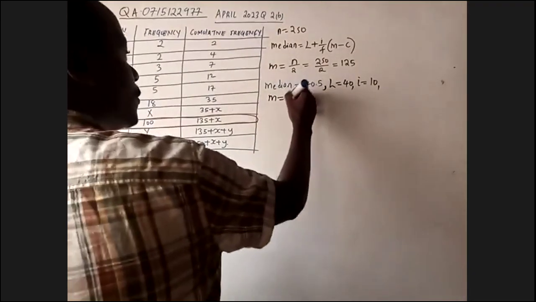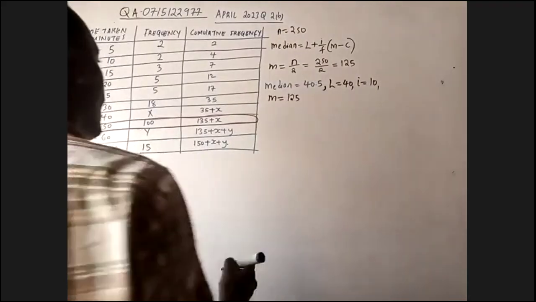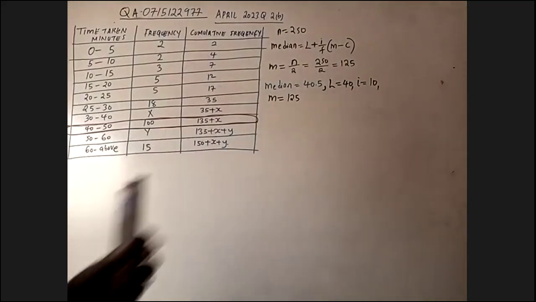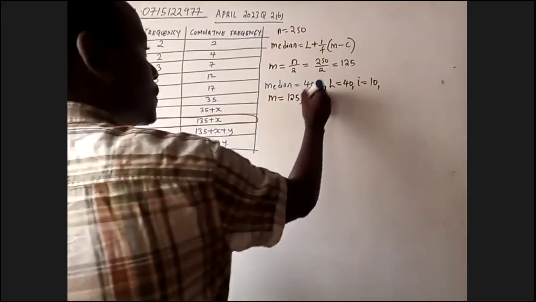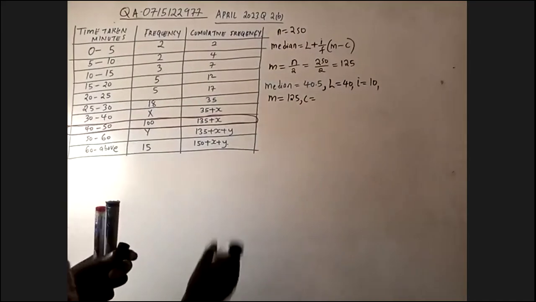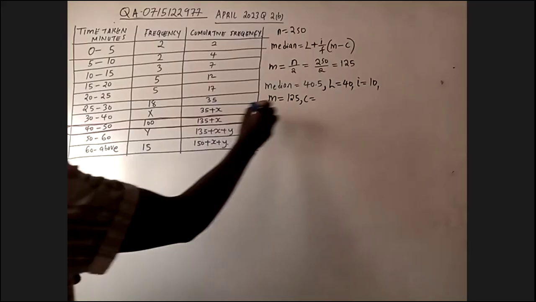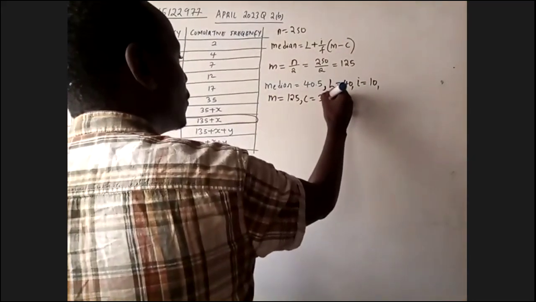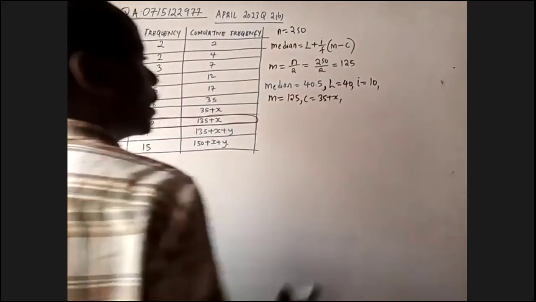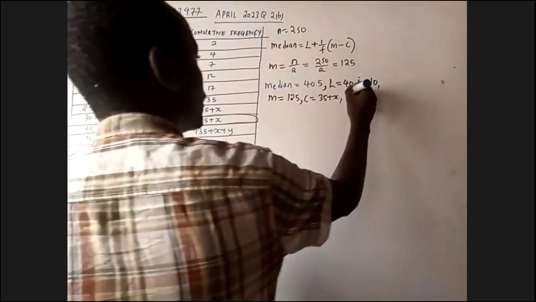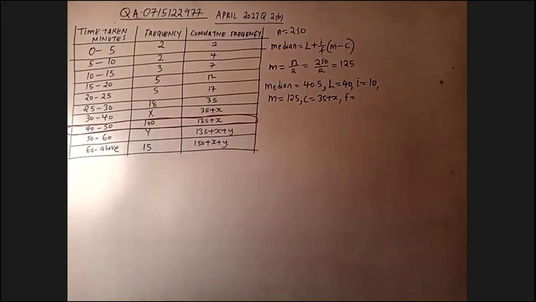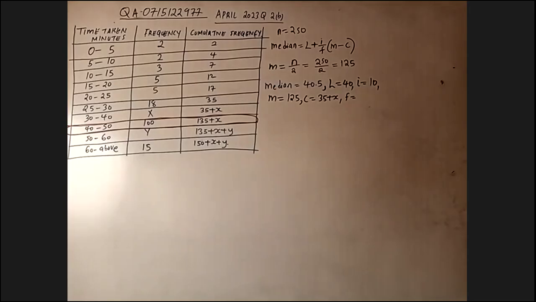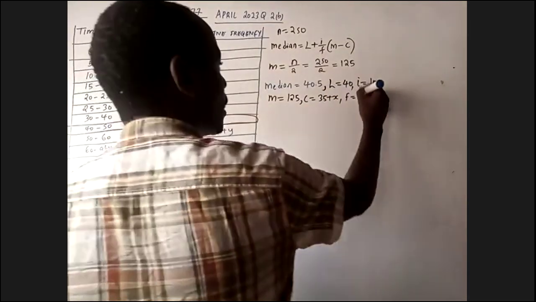It is 125, because it is N over 2. What about C? C is 35 plus x. What else? F. What is F? F is 100. Now you can input into our formula.